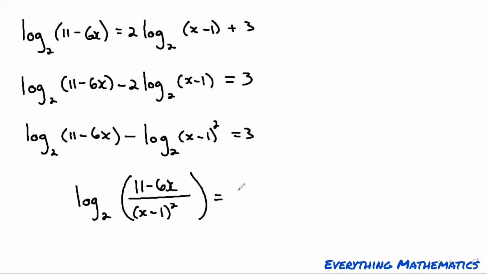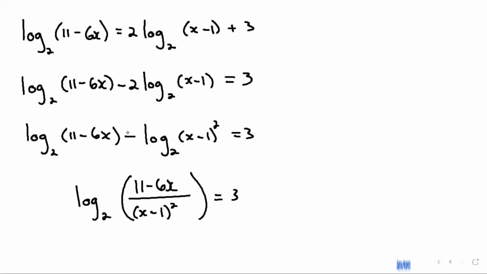And that is still equal to 3. Good. And at this point, you might start hurting your head now. It's like, okay, what next? Remember, it's x we're trying to find. We want to know x. I don't know about you, but from the minute I saw this here, I know that I will end up with a quadratic equation. The question is where and when. But let's see how it goes.